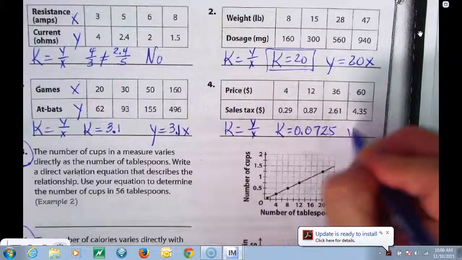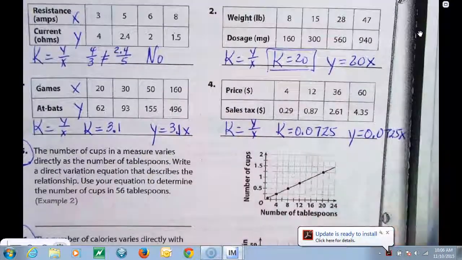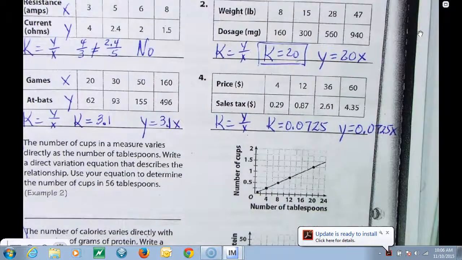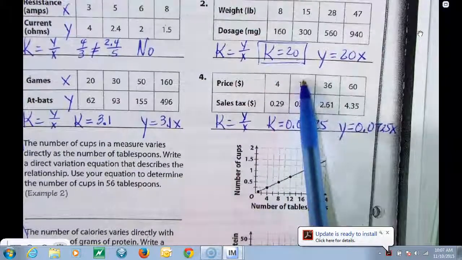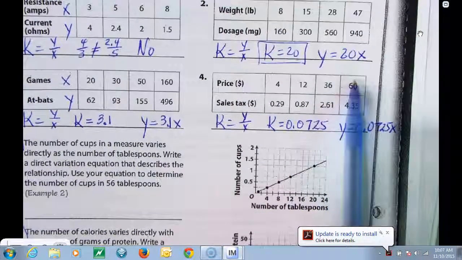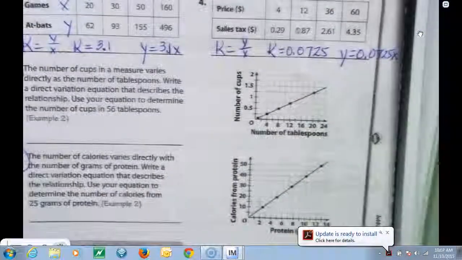Good. So Y equals 0.0725X. Guys, it's taking some of y'all too long to divide these. What are you doing wrong? You just go divide the Y by the X, the Y by the X, the Y by the X. That's all you're doing. Come on now. All right, circle 5 and 6.